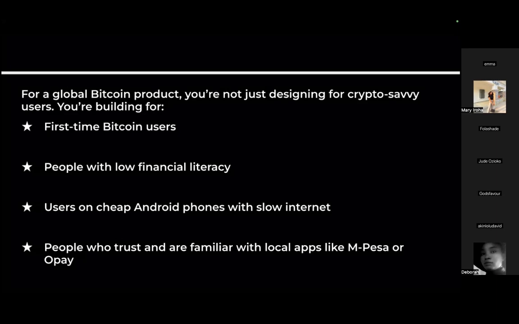And people that all their lives have only known mobile bank apps. That's maybe the most sophisticated application they've ever used, or M-Pesa. So at least they know that if I have 2,000 and send 1,000, I have 1,000 left.